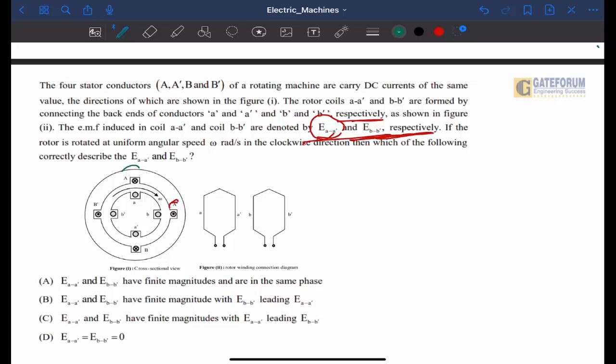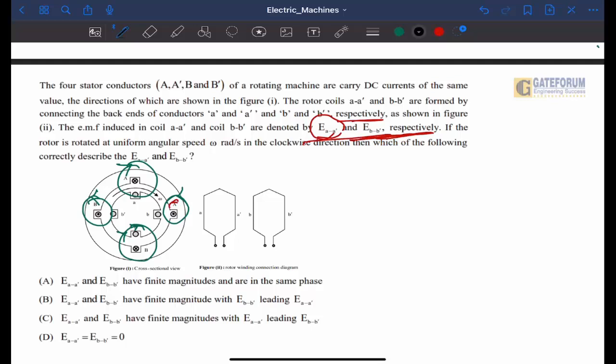For this conductor, direction will be this. For this conductor, direction will be this, by using Fleming's right hand rule. For this conductor and this conductor, direction will be this.